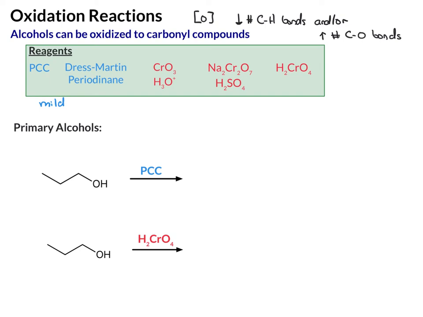There is chromium trioxide and acid, known as a Jones oxidation. You have sodium dichromate and sulfuric acid, and then chromic acid. Now, sodium dichromate and sulfuric acid, if you mix those together, give you chromic acid. So depending on how the reaction is written, you could see any of these reagents, all reflecting a harsh oxidation.